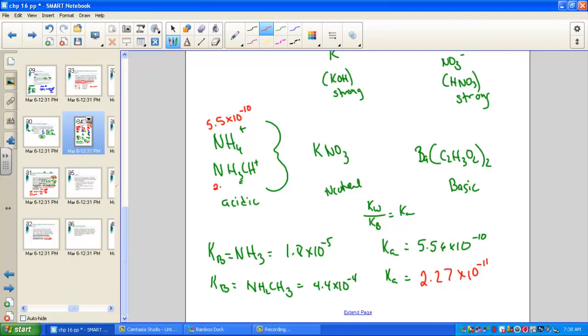Here's the Ka value for this. So look at the magnitude. Now they're both extremely small numbers. These are not strong acids by any stretch, but what's the larger number? The larger the number, the stronger the acid.